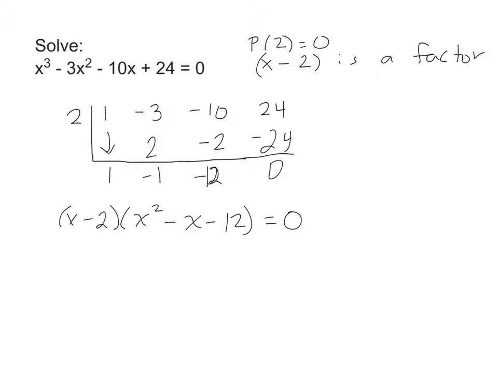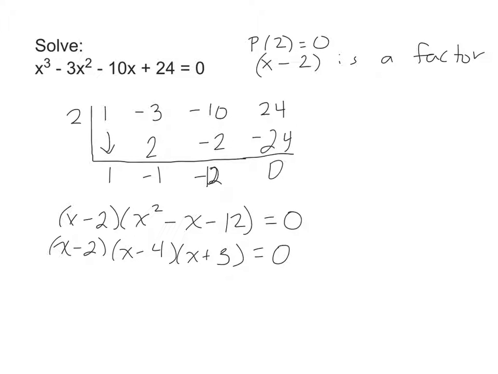Now to continue solving, we factor the x squared minus x minus 12. That's fairly easy to factor, I think. It's just x and x. Doesn't have a coefficient on the squared term. So two numbers that multiply to negative 12 and add to negative 1. And those are negative 4 and 3.